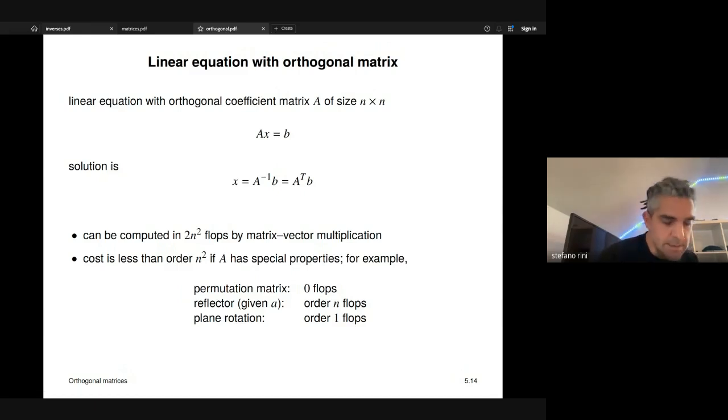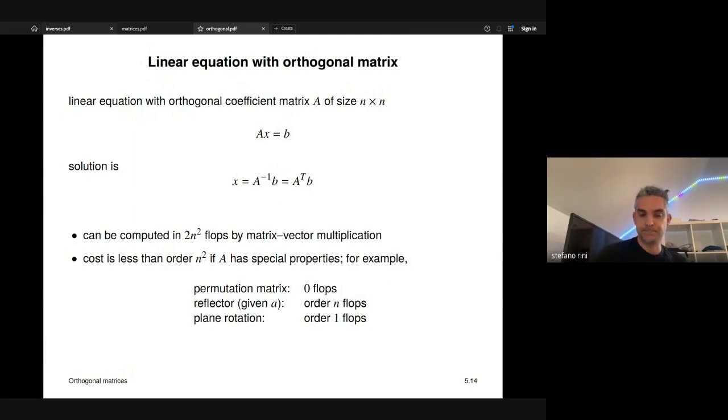And as we shall see, this is very important because when we do QR decomposition, which is coming up next, then we will use the reflector in order to bring down the complexity. And plane rotation has an order of 1 flops. Okay, so plane rotations are also very efficient because the matrix has a large dimension, which depends on the angle theta.